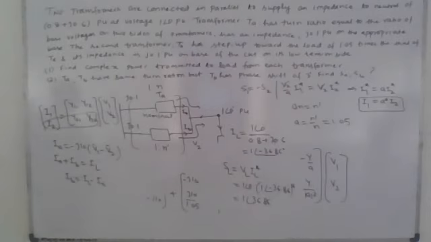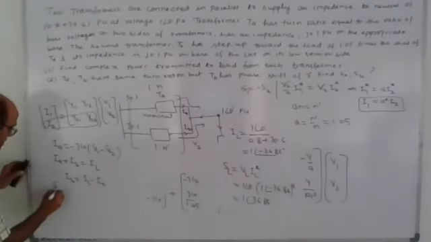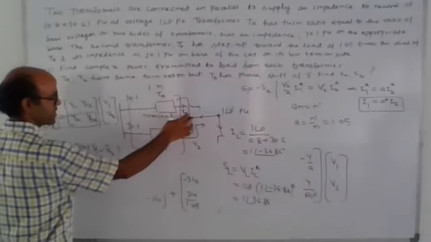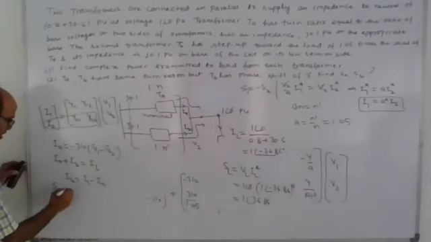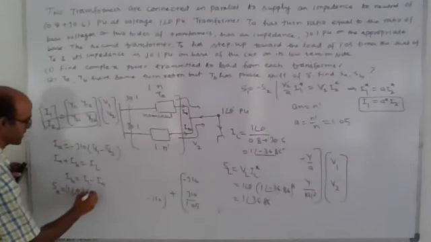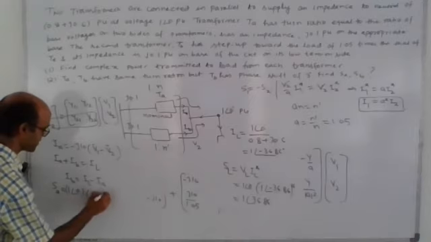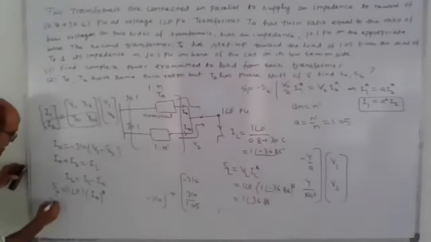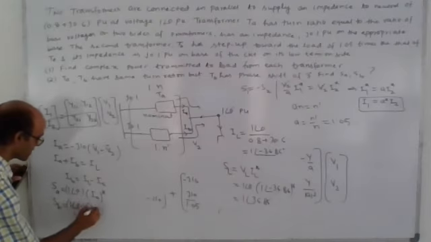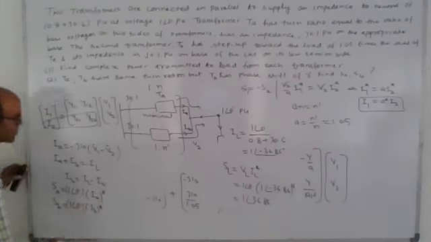So now we have to find SA and SB. So what is SA? This terminal voltage into the current coming to this terminal. So this terminal voltage is 1 angle 0, 1 angle 0 into the current. Current is coming IA. Similarly, what is SB? 1 angle 0 then IB conjugate.